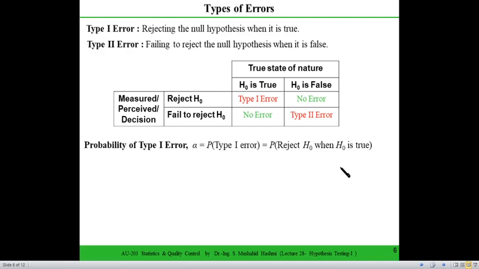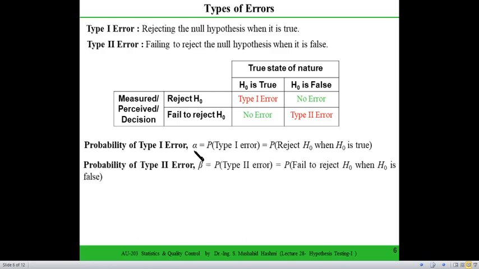So always, one of the possibilities is rejecting your null hypothesis when it is true. Then you make an error, which you call a type 1 error, and that probability is represented by some number between 0 and 1, called alpha. Alpha could be 5%, alpha could be 10%. Whereas the type 2 error is when you fail to reject your H naught when your H naught is false.